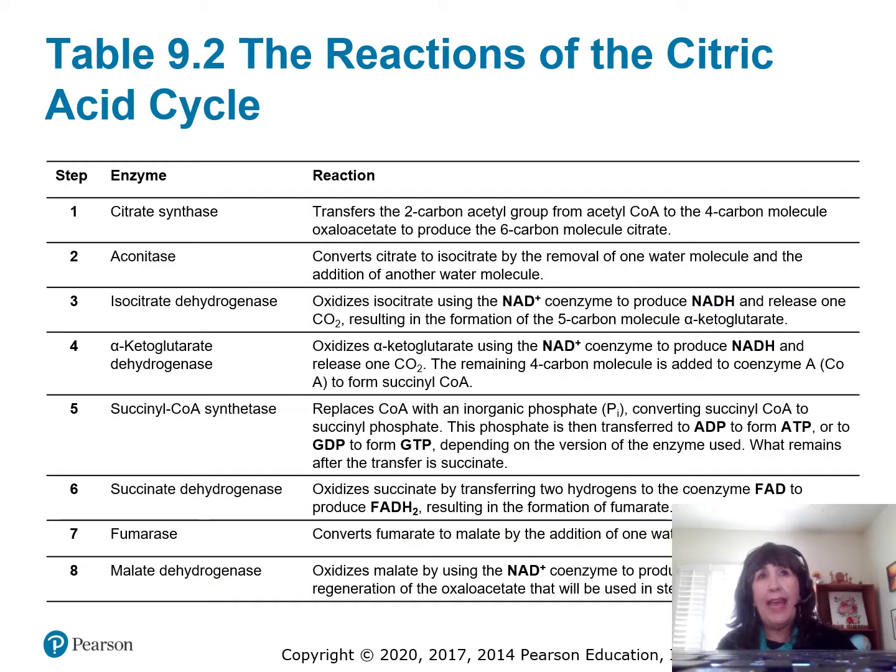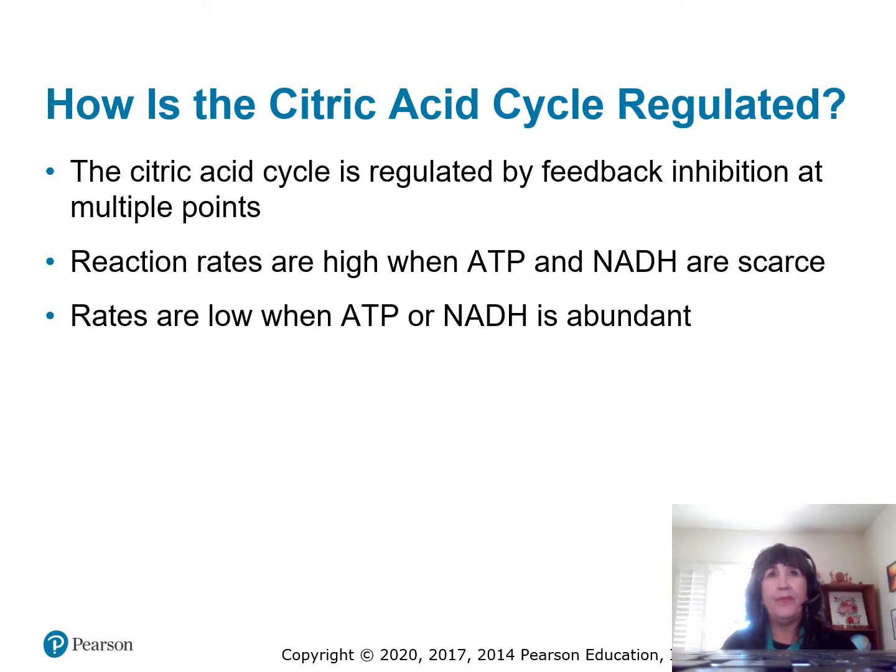So here are the 8 steps referring to the organic acids, and these are the enzymes that help catalyze the reactions. How is the citric acid cycle regulated? Notice feedback inhibition. So if you're asked how cellular respiration is regulated at each step, the answer is feedback inhibition.